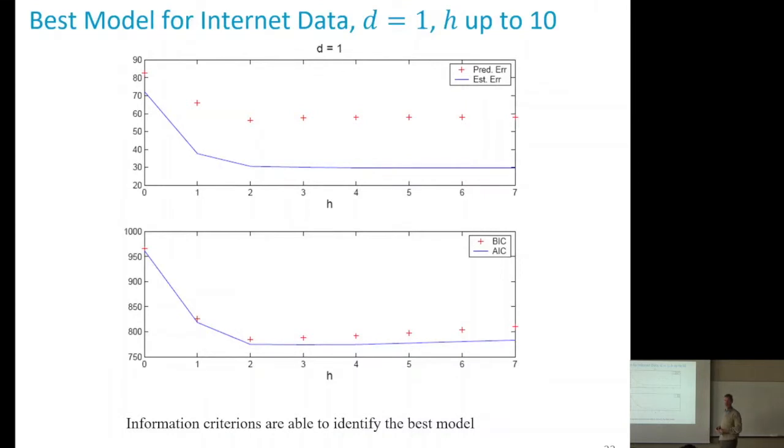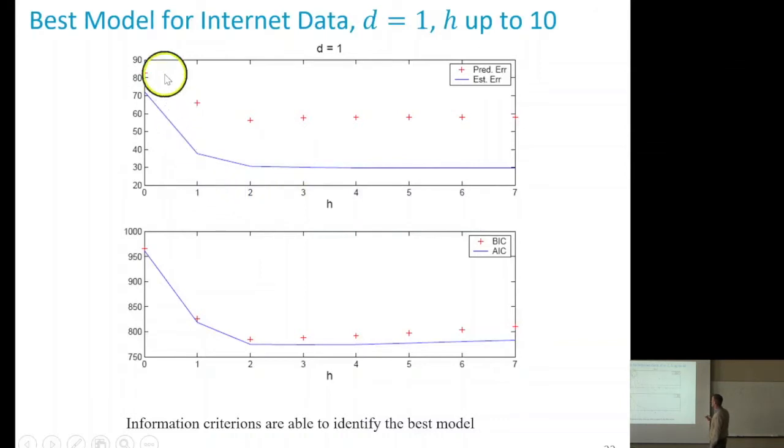Let's check this, because these are all theories, so let's apply them in practice to my forecasting example. Here, d is the number of degrees of my polynomial, so I have only up to linear trend here, and h minus 1 is the number of harmonics in my fitting.